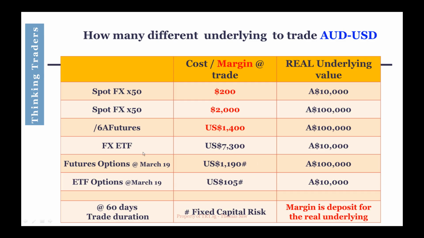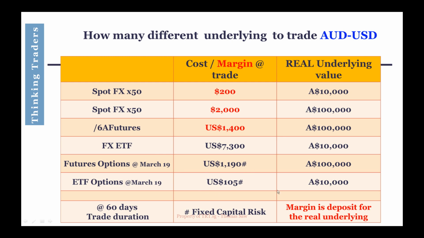The rest you see here, Aussie is $7,300 US to buy $10,000. This is one-to-one exchange, no leverage. You are holding real Aussie currencies, what we call treasury companies, bonds, and bank deposits. Options you buy is $1,100, is no fixed capital. Means what?